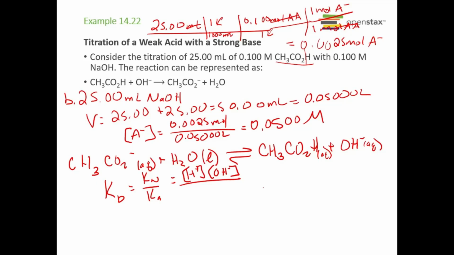The Ka we looked up earlier is 1.8 times 10 to the negative 5th. And we know that Kw is 1.0 times 10 to the negative 14, over 1.8 times 10 to the negative 5th. So our Kb is equal to 5.6 times 10 to the negative 10th.